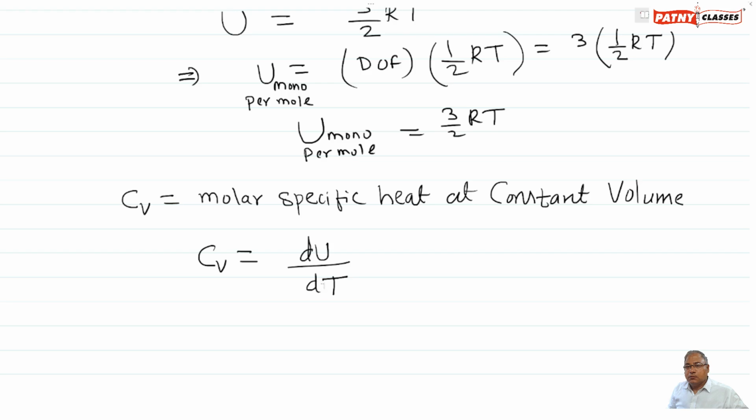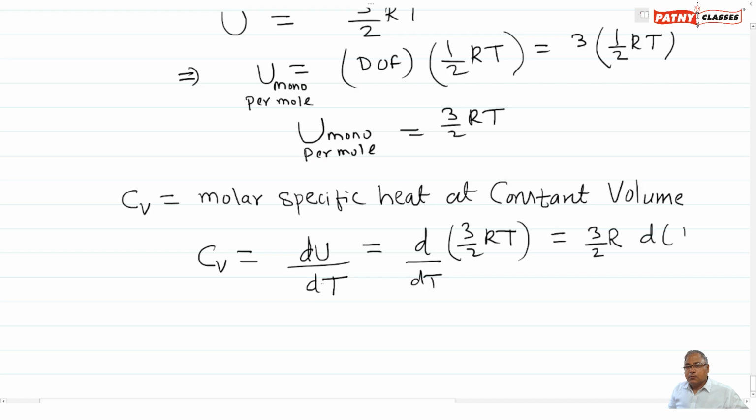Now, to find Cv, Cv can be obtained by differentiating the above relation with respect to T, that is differentiating U with respect to T, the differentiation of 3 by 2 RT with respect to T. This equals 3 upon 2 multiplied by R, which is a constant, and the differentiation of T with respect to T equals 1. Therefore, we got Cv equals 3 by 2 R.